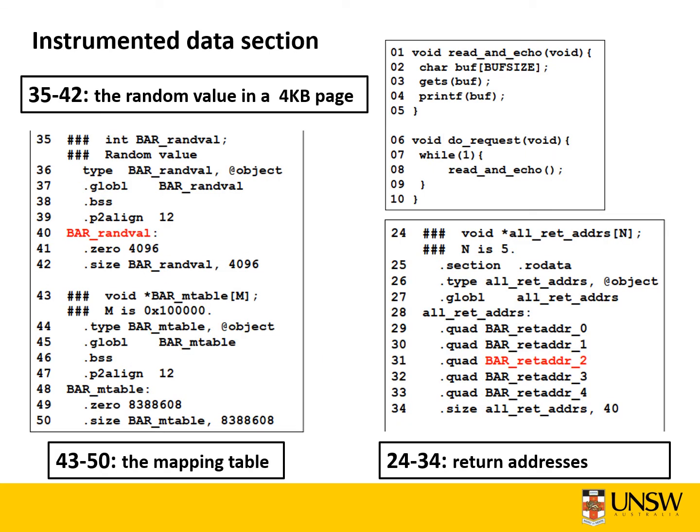The instrumented data section is shown in this slide. At line 40, the random value, which is an 8-byte value, is stored in a 4 kilobyte page, such that the entire page can be set as read-only after each round of runtime rerandomization.